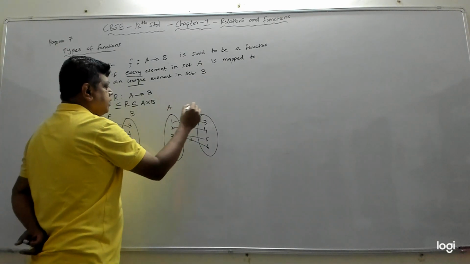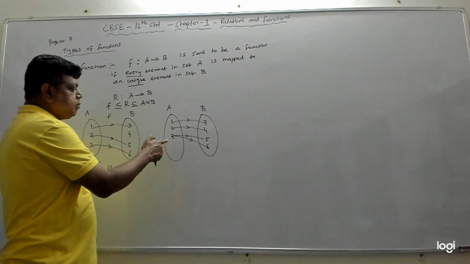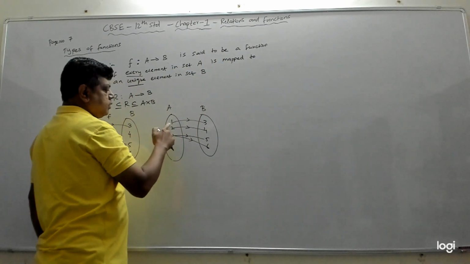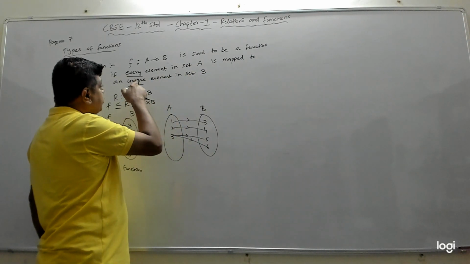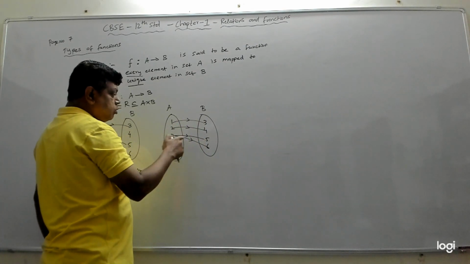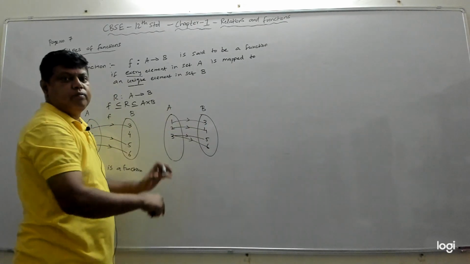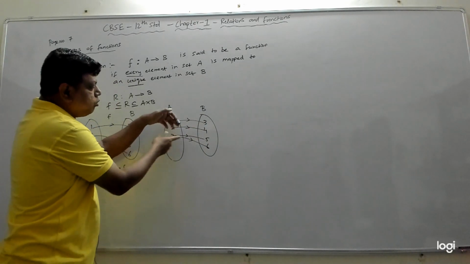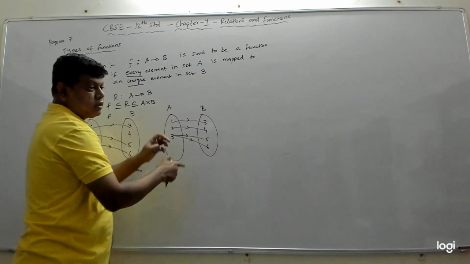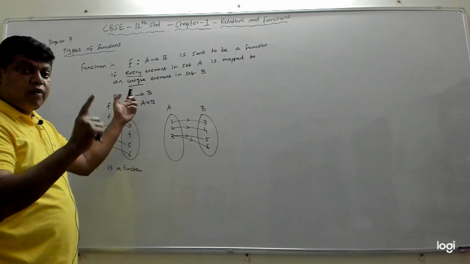Every element in A is mapped, so that condition is satisfied, but it should be mapped to a unique element in B. 1 goes to only 3, 2 goes to only 4, but 3 goes to 5 and 6. One element cannot go to more than one element. Since 3 is mapped to 5 and 3 is mapped to 6, it is not a function, because 3 has to be mapped to only one element in B.